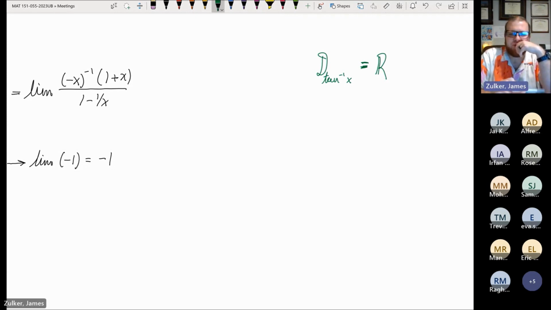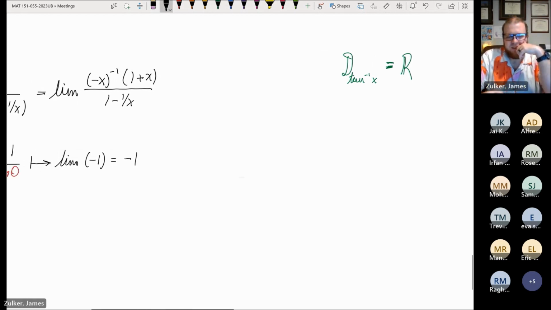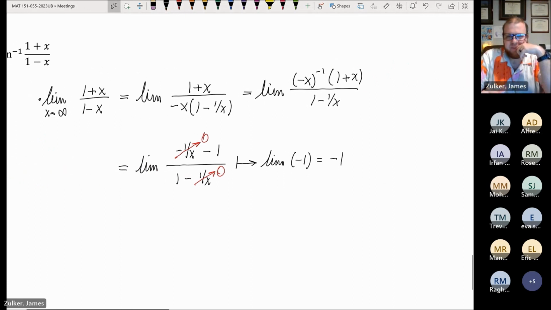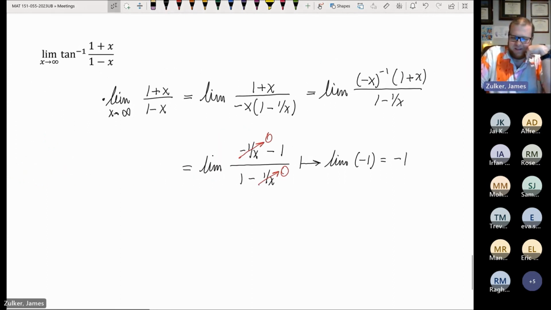It's all real numbers. So that means -1 is in the domain. Inverse tangent is thus continuous at this limit.